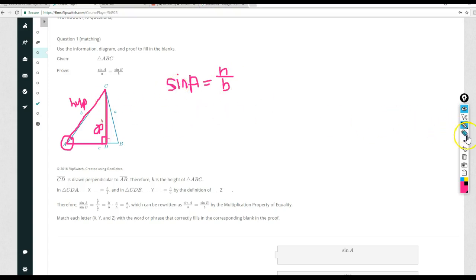Or if I changed my reference angle, and I wasn't looking from angle A's perspective, but from angle C's perspective, H would be the adjacent side then, and B would be the hypotenuse, and our opposite side of angle C would be right here.